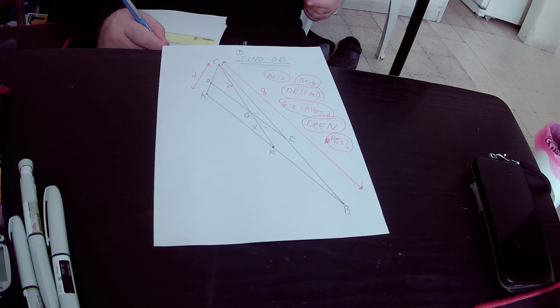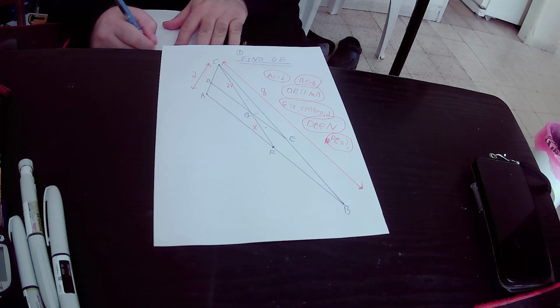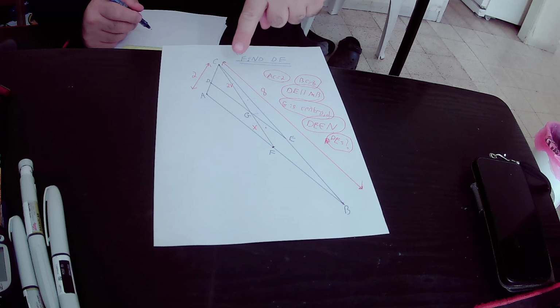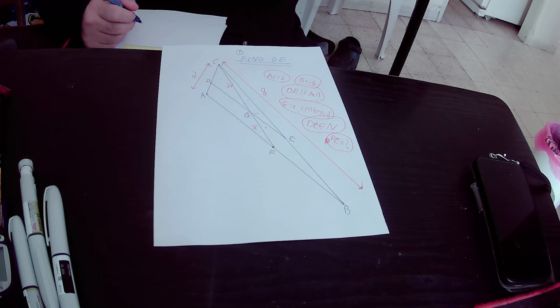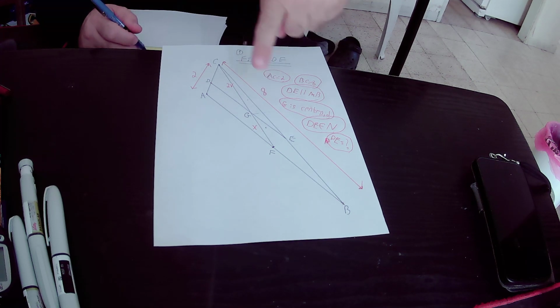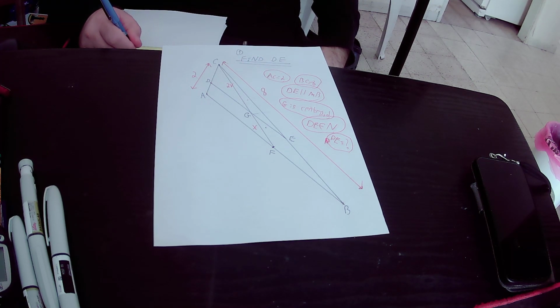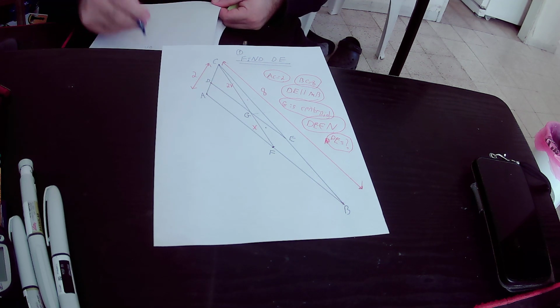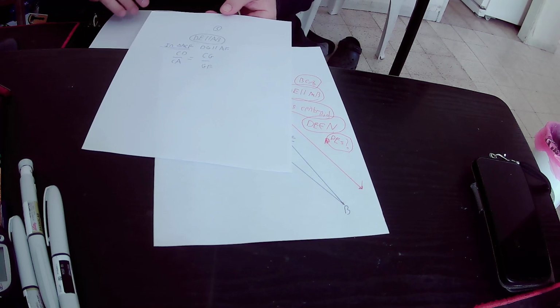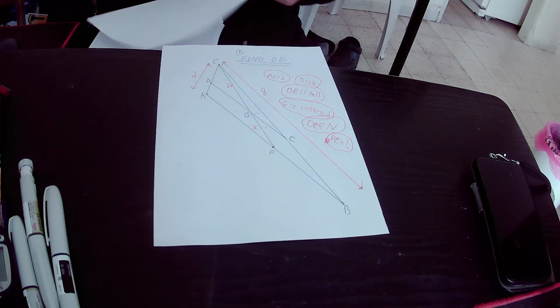So in triangle ACF, we know that DG is parallel to AF. I will repeat again: in triangle ACF, we know that DG is parallel to AF.